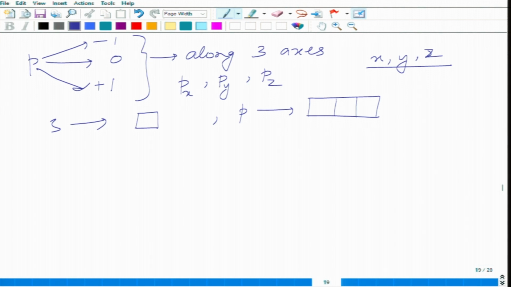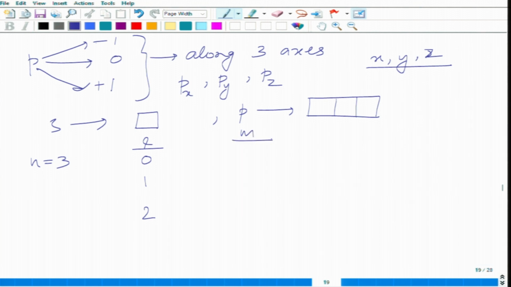Okay. Now if n is equal to 3, then what will be L? L will have the possible numbers 0, 1 and 2.